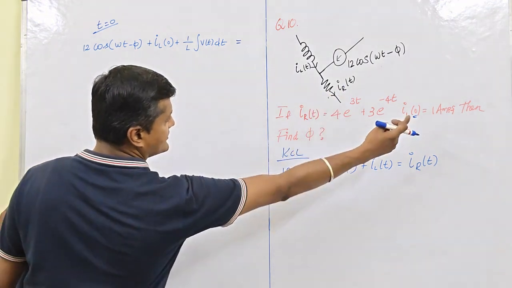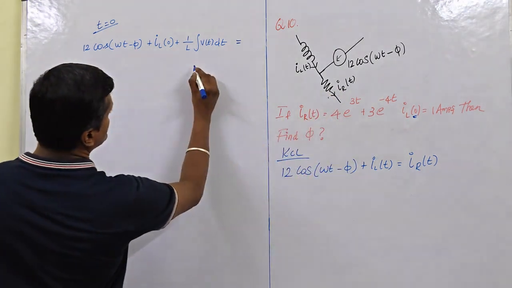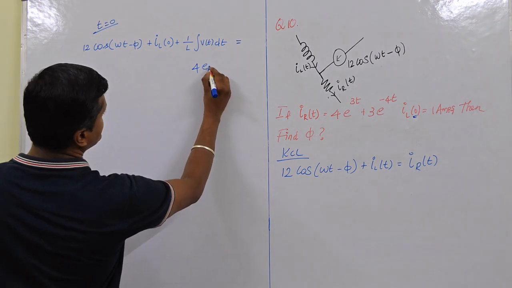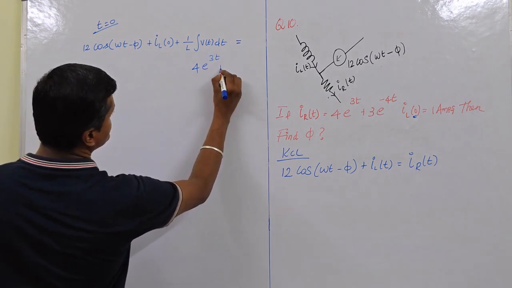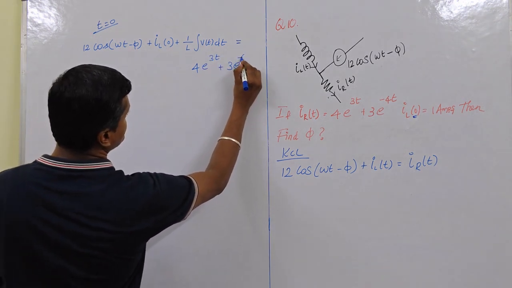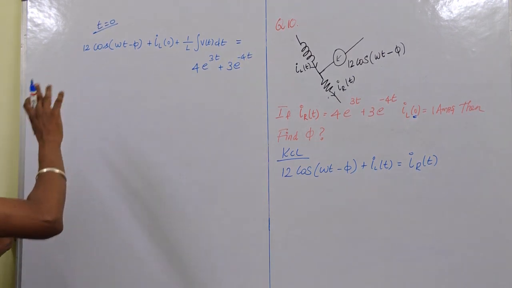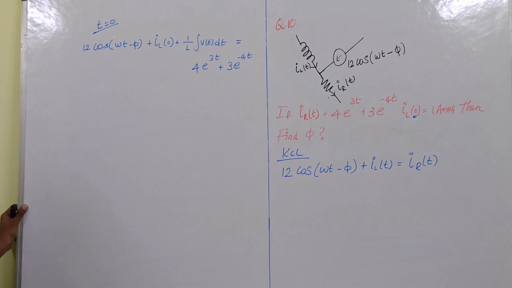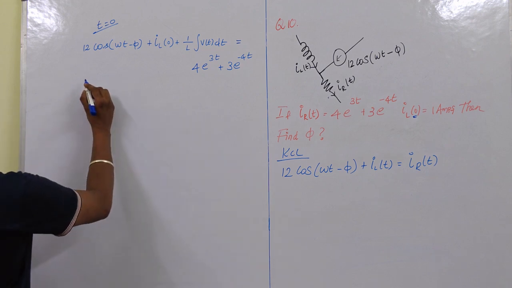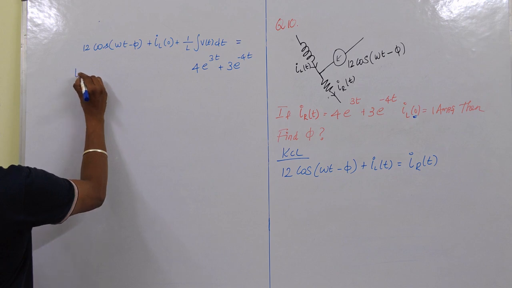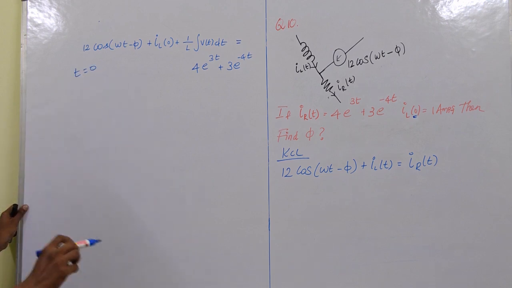What is the value of IR of t? IR of t is equal to 4 e power 3t plus 3 e power minus 4t. Now we apply the condition t equal to 0.